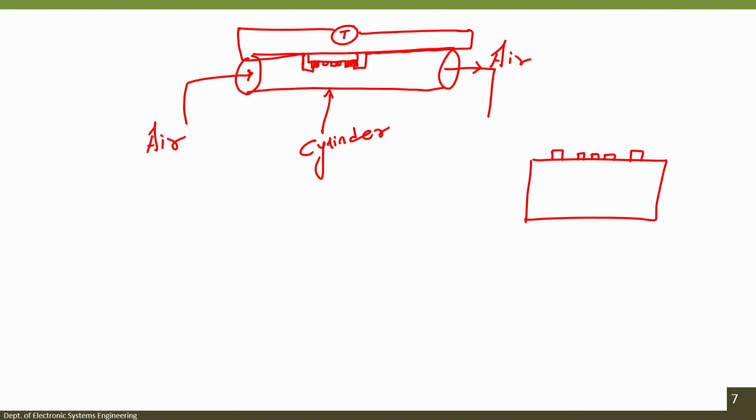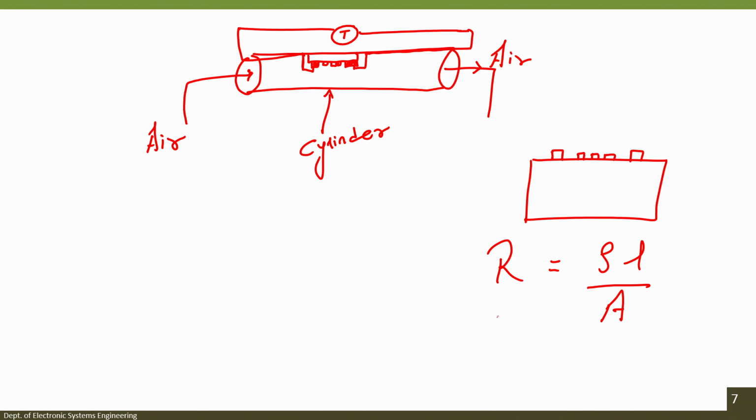Now, you know that a heater is nothing but a resistor, and resistance depends on resistivity, length and area. If I increase the length, my resistance would increase. If I decrease the area, my resistance would increase. Resistivity depends on the metal that we choose, right.